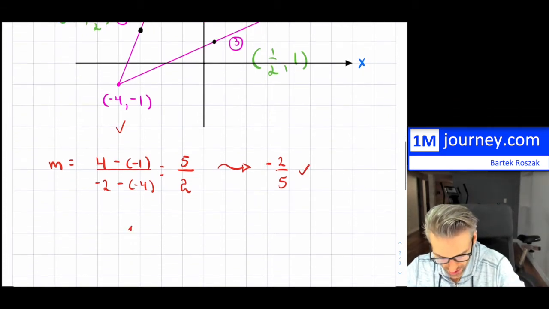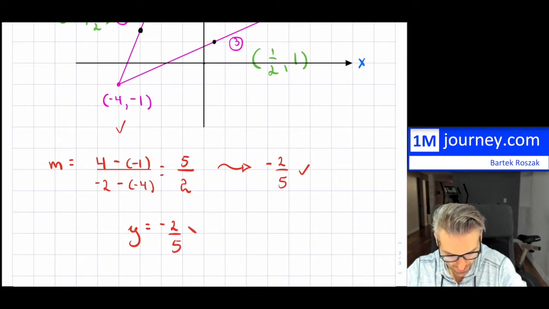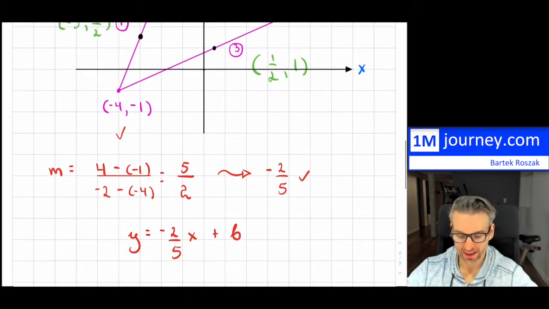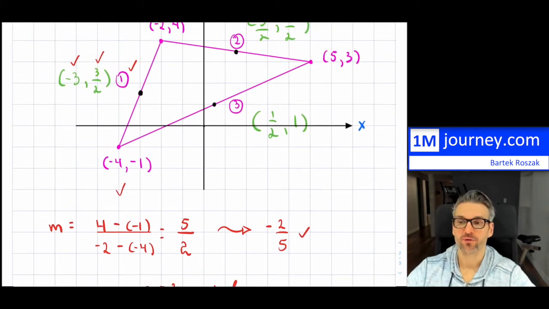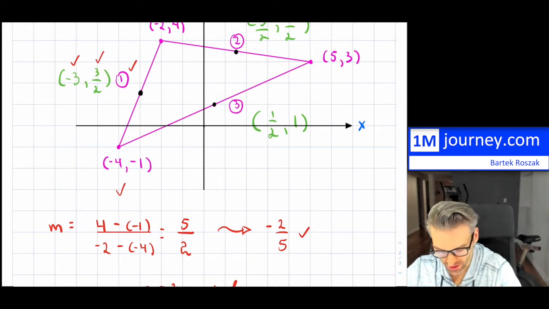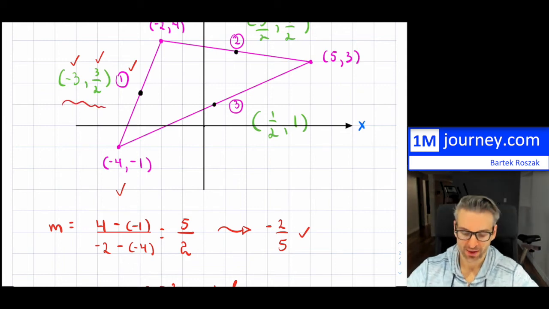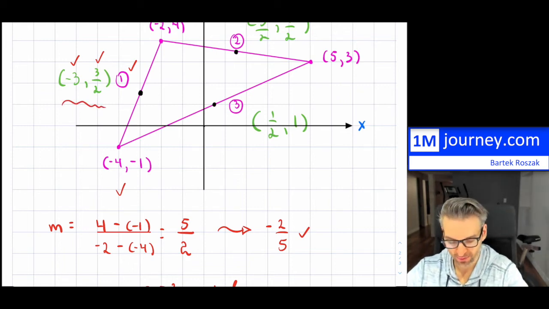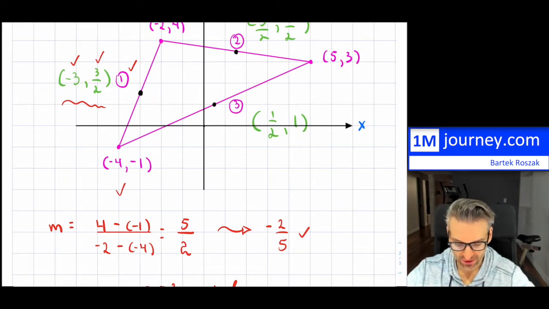So I have the slope. Now my equation of the line is y equals negative 2 over 5 x plus my y-intercept. I can obtain the y-intercept from the actual point, negative 3 and 3 over 2. That's the point I want the line to go through.